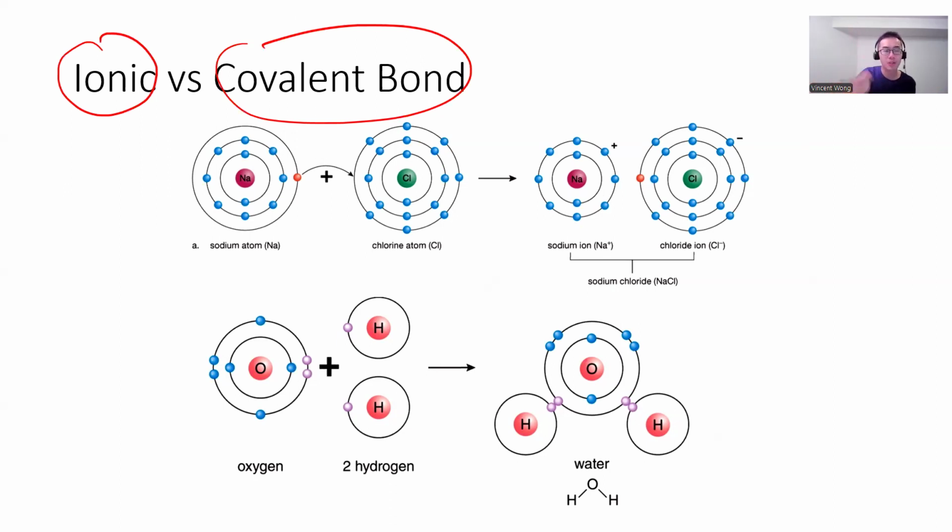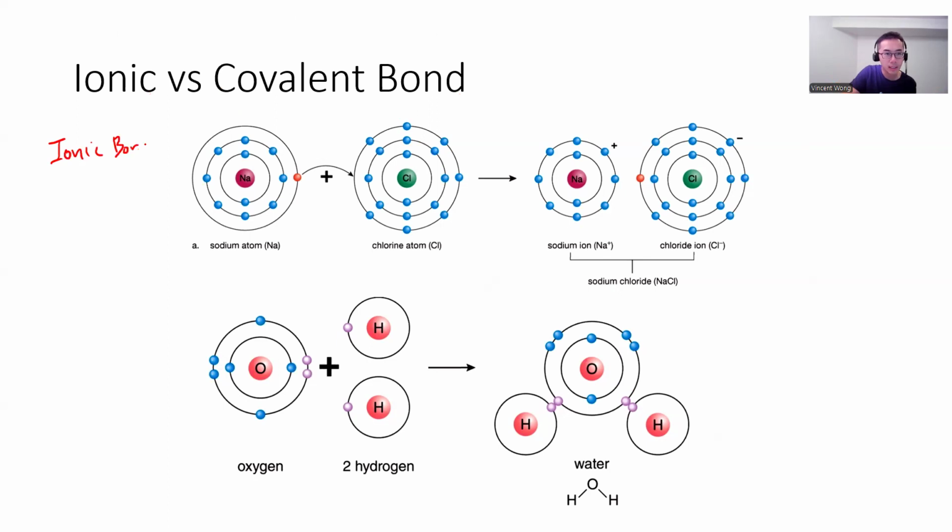For the purpose of biology, I need you to understand that an ionic bond involves a transfer of electron, sometimes more than one. These tend to be stronger compared to covalent bond.